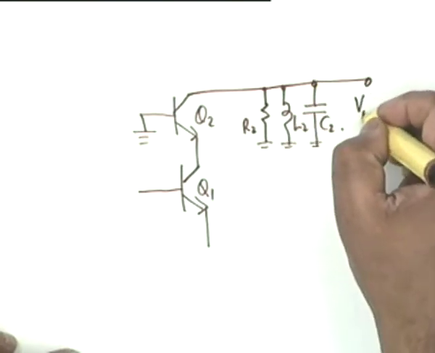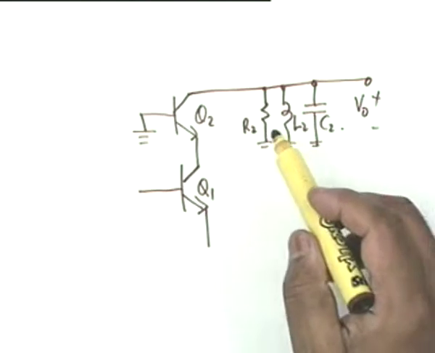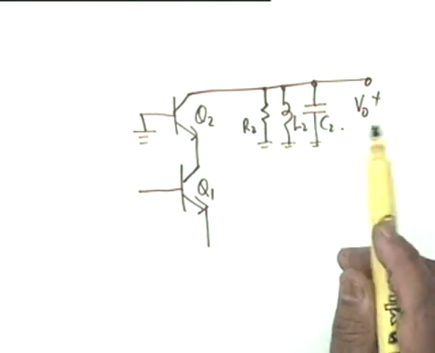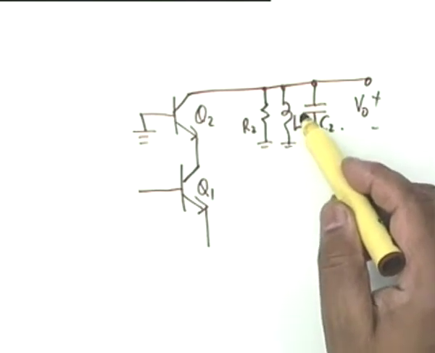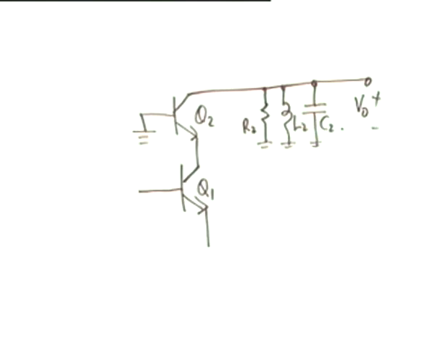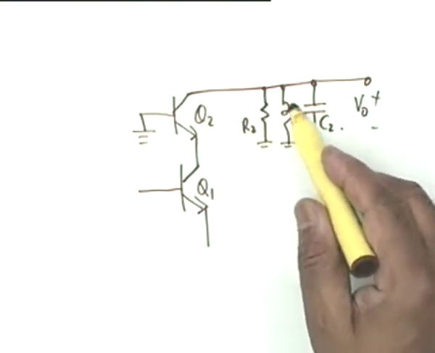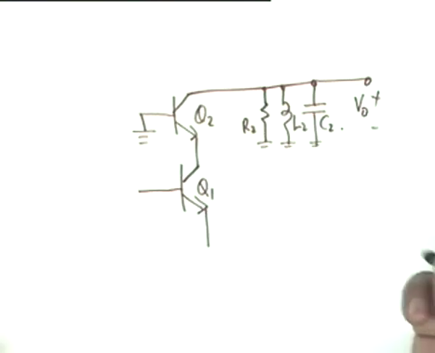And here is the output voltage V0. Now you know how R2 is created. R2 may not be an externally added resistance, it may be the loss component of L2. That is, L2 is in series with RS2, which is equivalently made into a parallel circuit like this.